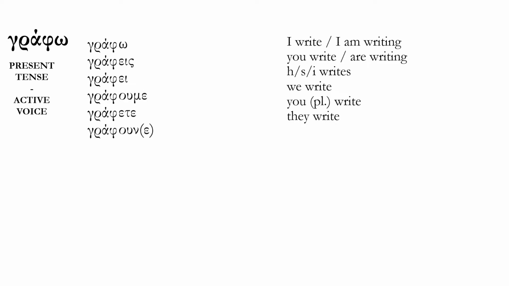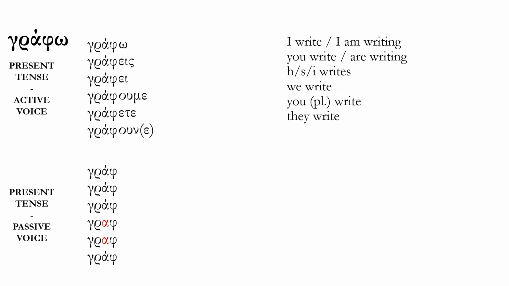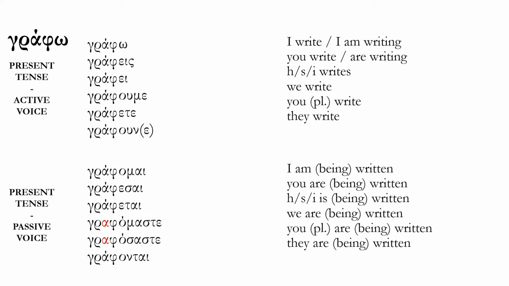Well, to make the passive voice, we're really going to follow the same pattern. We're going to start with graf again, and you'll notice there are 2 red alphas down there. I'll get to those in a moment. But our stem is still the same. It's still graf. But now we're going to take these new endings and snap them on there.